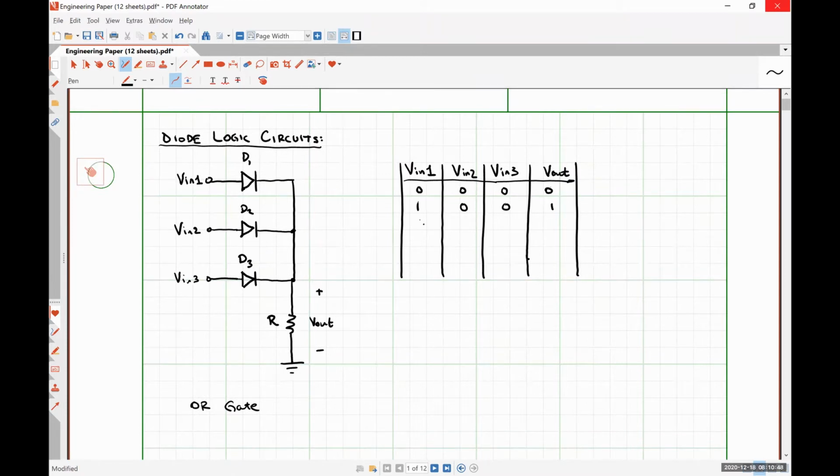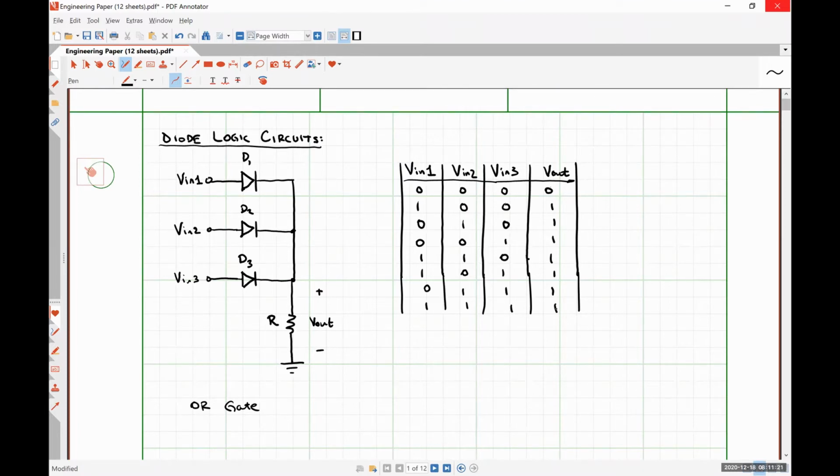And that's going to be true for all other configurations of single diodes, as well as all configurations of multiple diodes. Let's see, 0, 1, 1 gives me 1, and 1, 1, 1 gives me 1 as well.